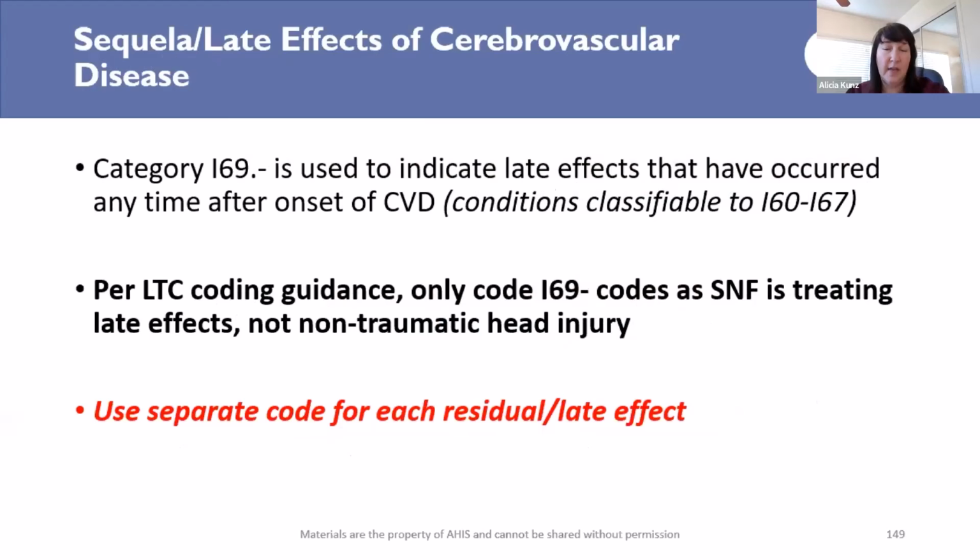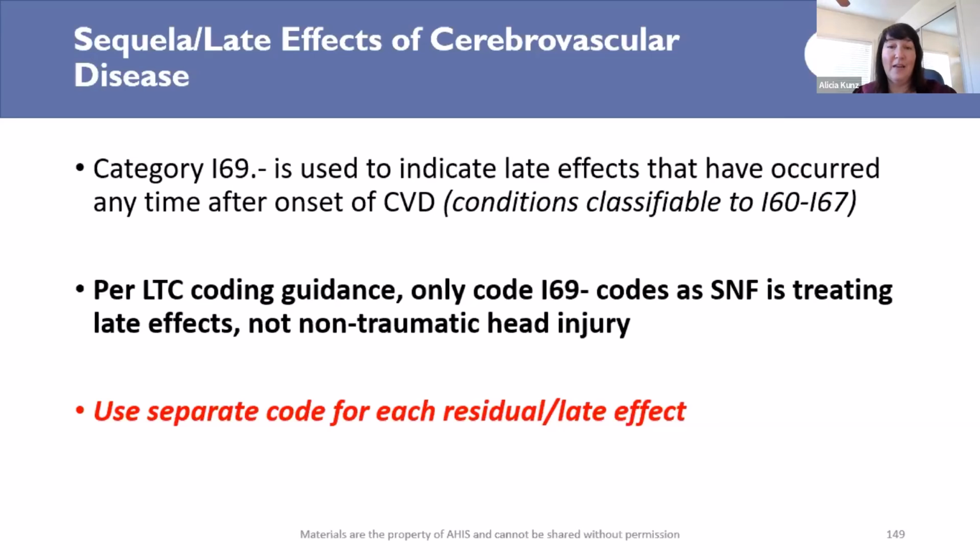Sequela or late effects of cerebrovascular disease. So when we have somebody who has a stroke, they go to the hospital first thing, right? We don't take them directly to the skilled nursing facility. We take them to the hospital. The hospital treats the acute stroke. When they're all done at the hospital, they've done everything they can for the acute stroke.